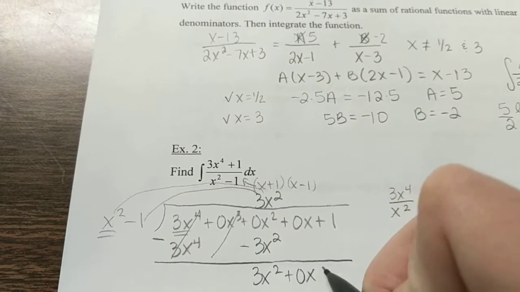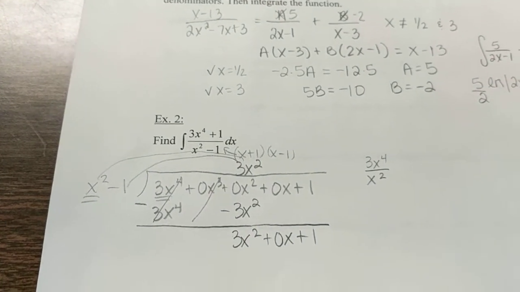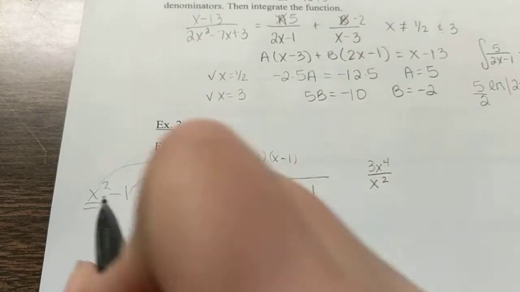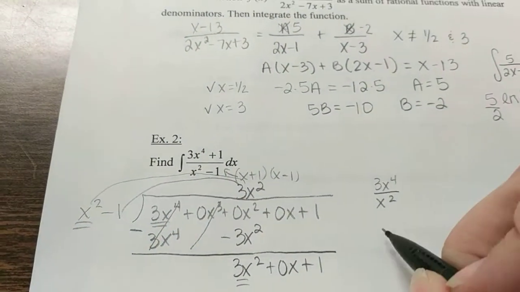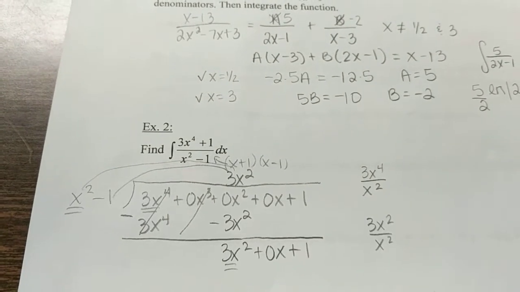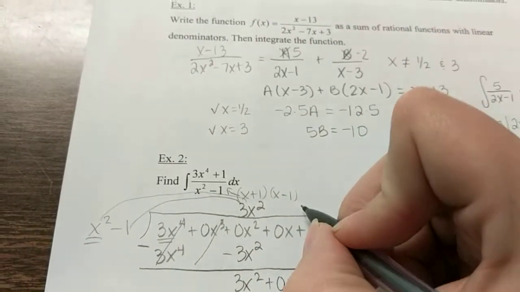And I'm going to go ahead and bring all of my other terms down. And now we start the problem over again. We have a new division problem. First term and first term. So 3x squared divided by x squared. So we end up just getting 3.